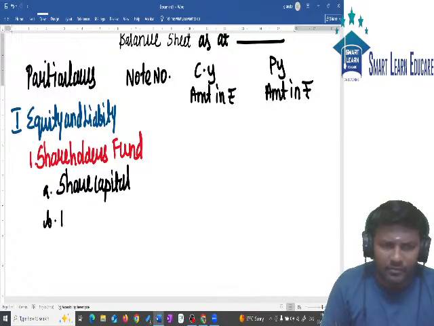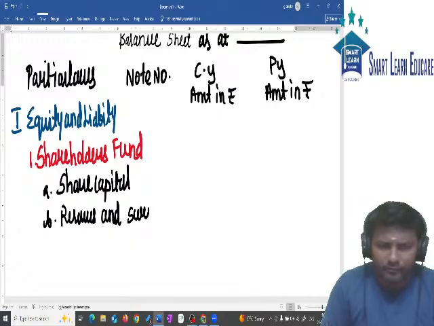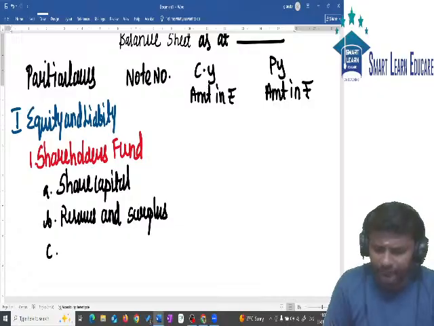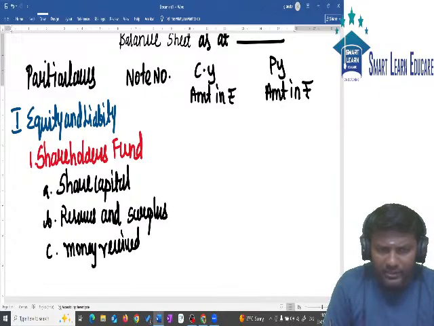Second, B, reserves and surplus. C, money received against share warrant.